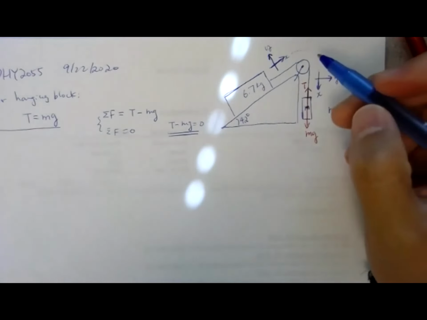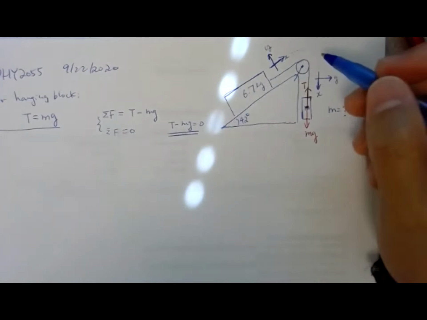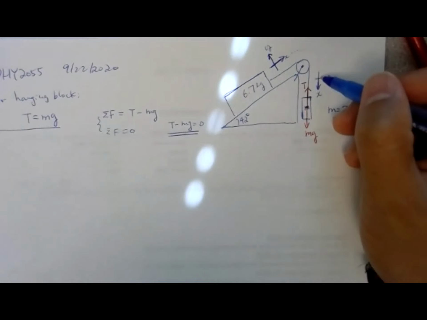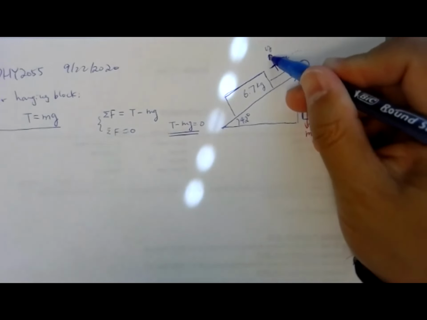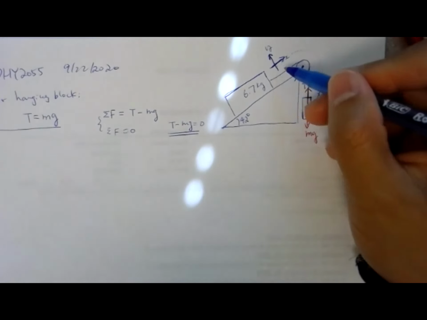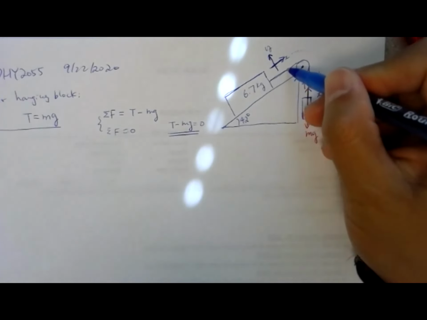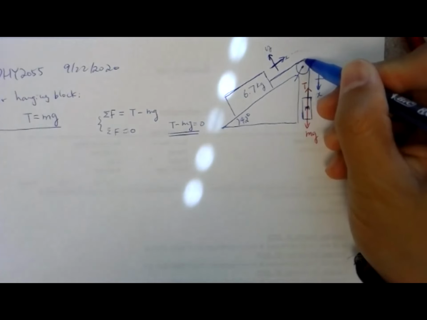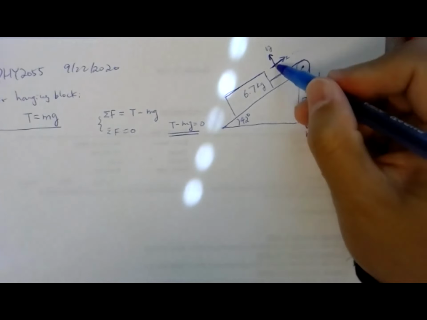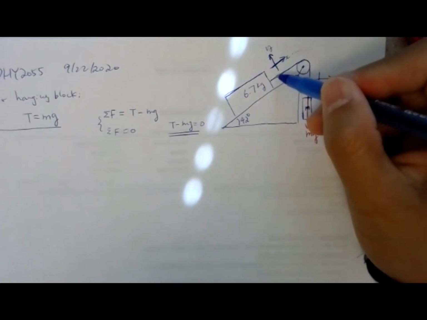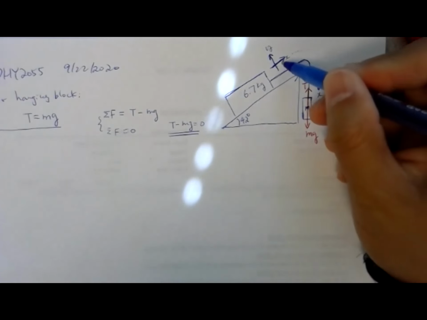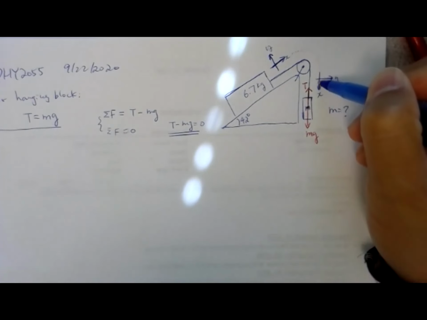Now, the key to set up the XY coordinates for the other block is you just move this X and Y coordinate system along the direction of the rope. So keep this X in the direction of the rope here, and then move it all down here.